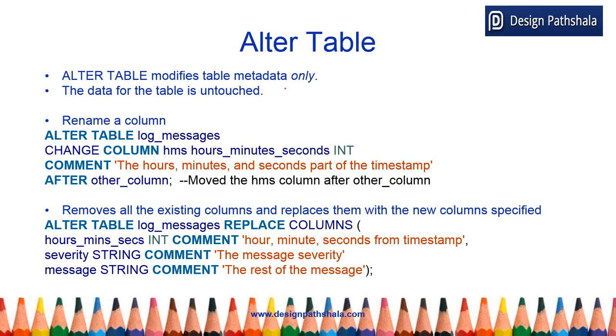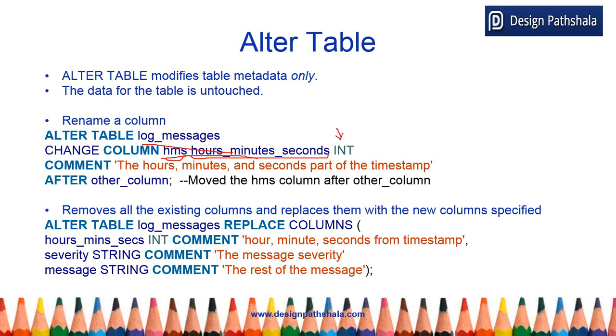So even if I'm altering the internal table, nothing will happen to your data, only your metadata would be altered. I can say alter table, table name, change column, HMS to hours, minutes, seconds. So the column name is changed from this name to this name and of type integer.